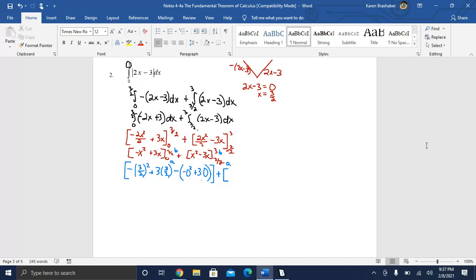So I'm ready to do f of b again, except my b this time is the 3. So 3 squared minus 3 times 3. And then remember it's f of b minus f of a, so minus, put a parentheses, and then the 3/2 would be squared minus 3 times 3/2.